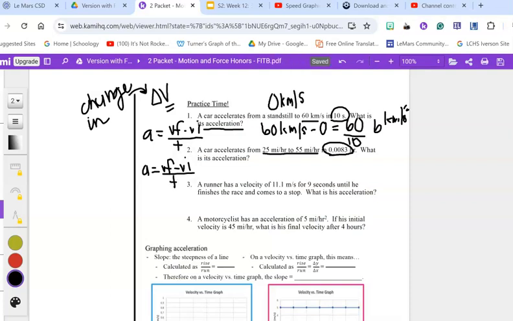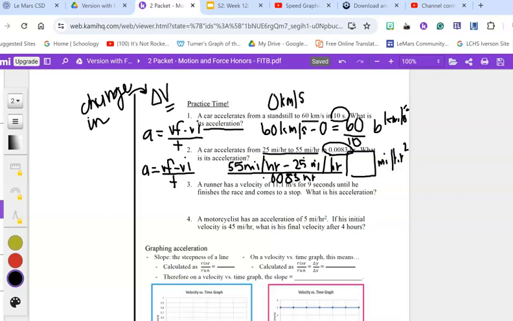Car accelerates from 25 to 55, which means it ends at 55 miles per hour minus 25 miles per hour, all divided by 0.0083 hours. You're going to do the math, write your answer in miles per hour squared.